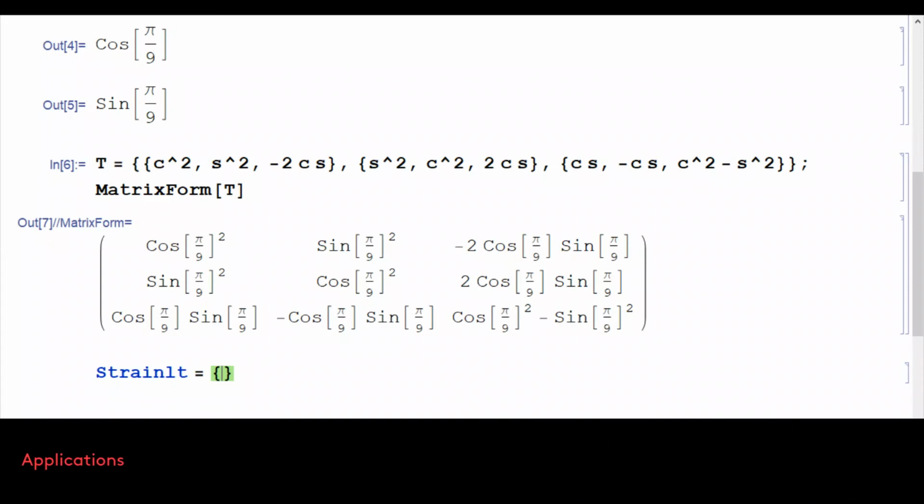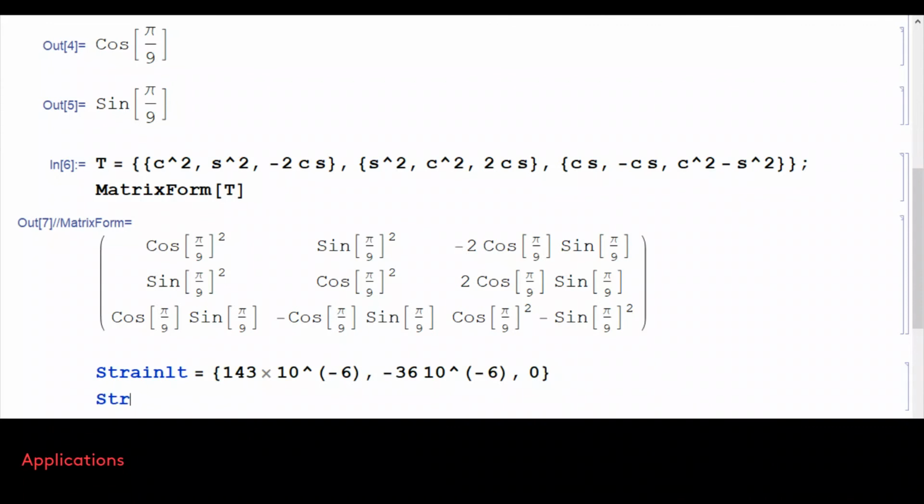So strain is 143 10 to the power minus 6, and then the transverse one is minus 36 10 to the power minus 6, and the shear strain is 0.